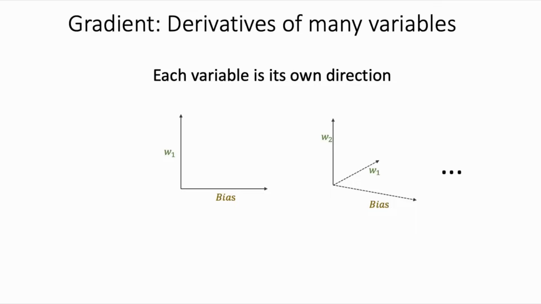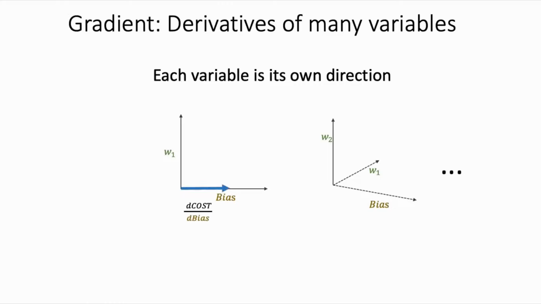Each individual derivative for each variable tells us the slope of the function in that direction for that variable. And the negative slope tells us how we want to change that variable to go towards the minimum of the function. So the gradient is the combination of all these individual derivatives together.